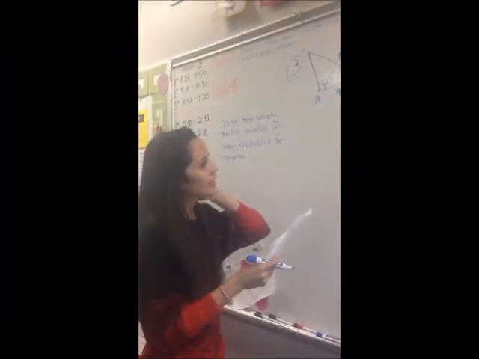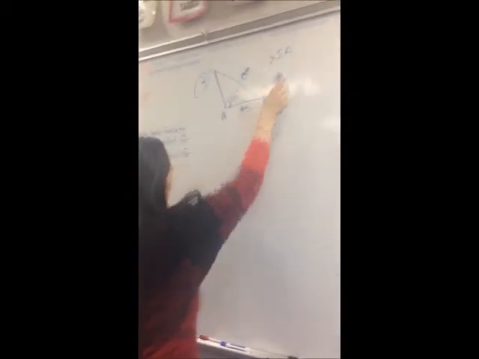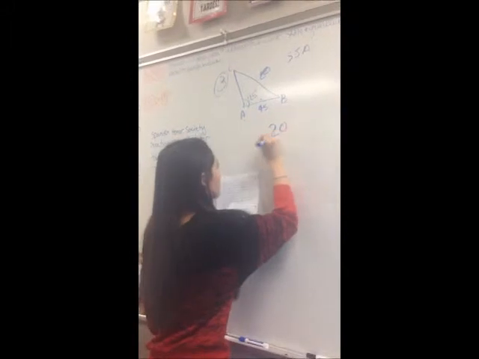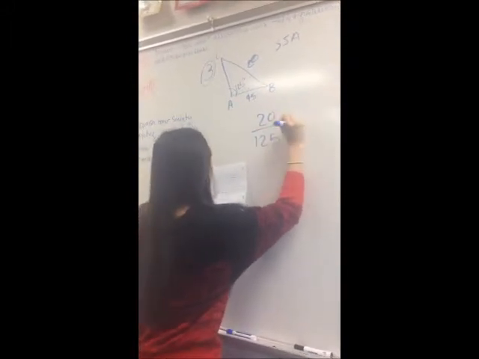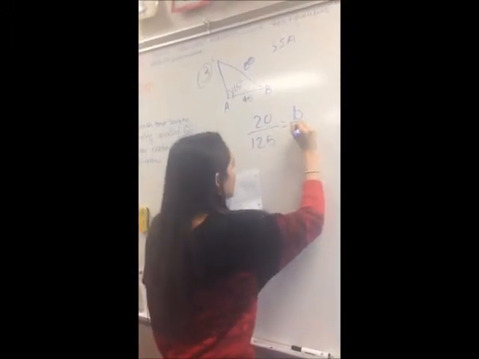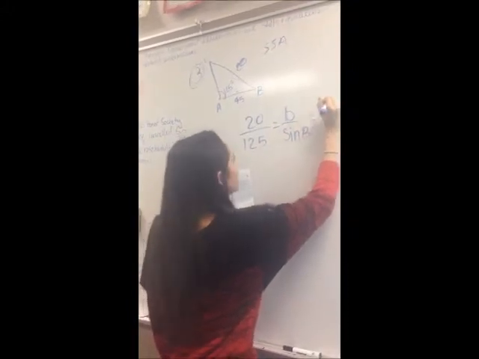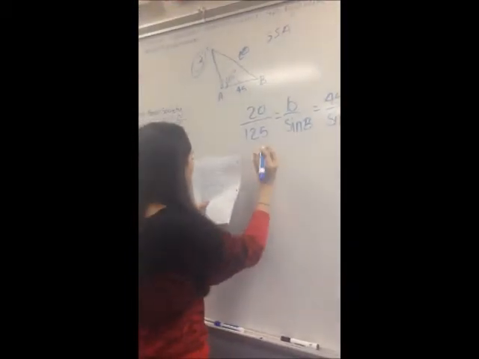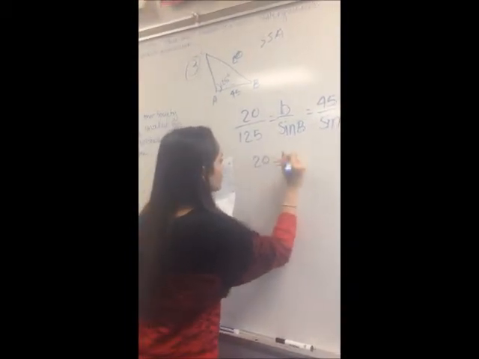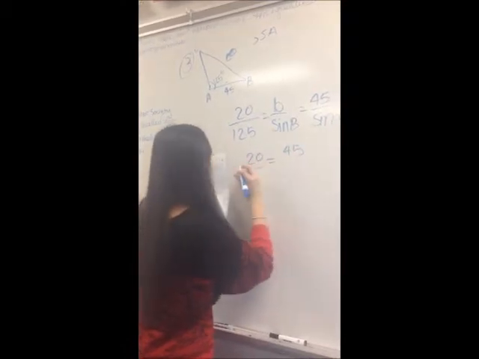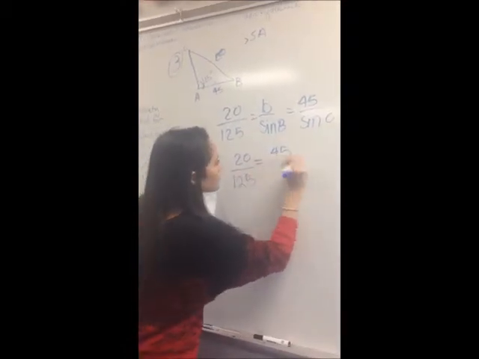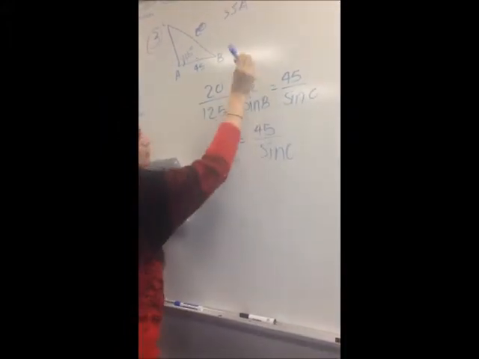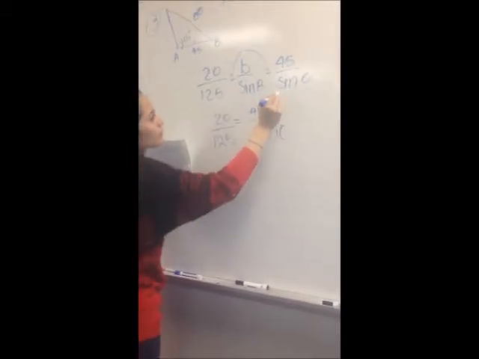So now we're going to do the same thing that we've been doing in this triangle, which is side-side-angle. And we're going to fill out our formula. It's going to be 20 over sine of 125 is equal to b over sine of b, which is equal to 45 over sine of c. Again, because this is partial, this is full, and this is empty, we can't do anything with this if we don't know what sine of c is.